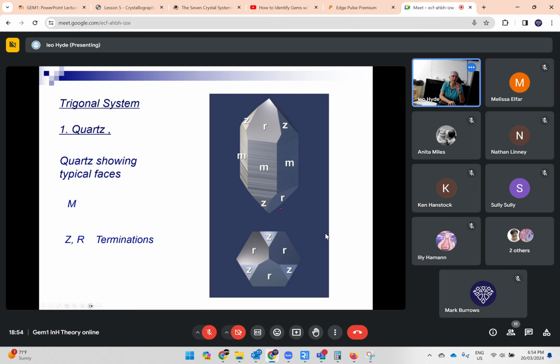There's another one over there. If we look right down, you'll see one pattern. If you look from the other end, you'll see something slightly different, because the Z's and the R's are at an angle to each other. So they are rhombohedra.